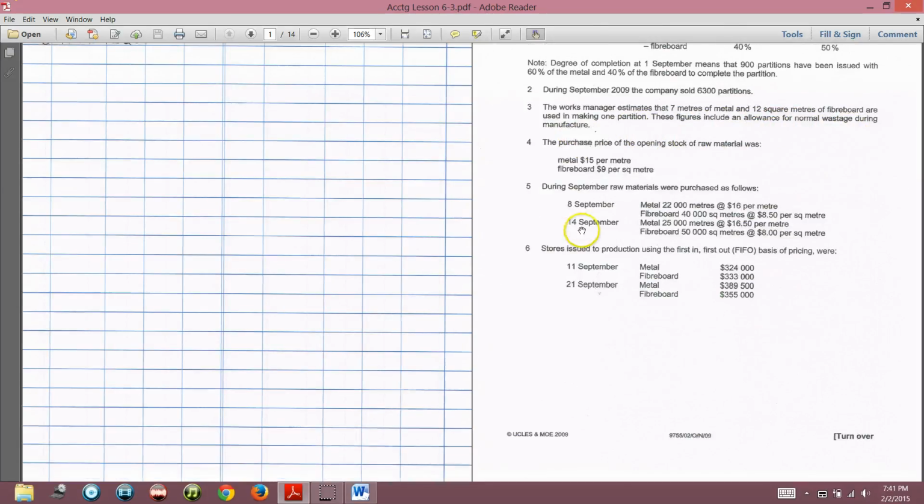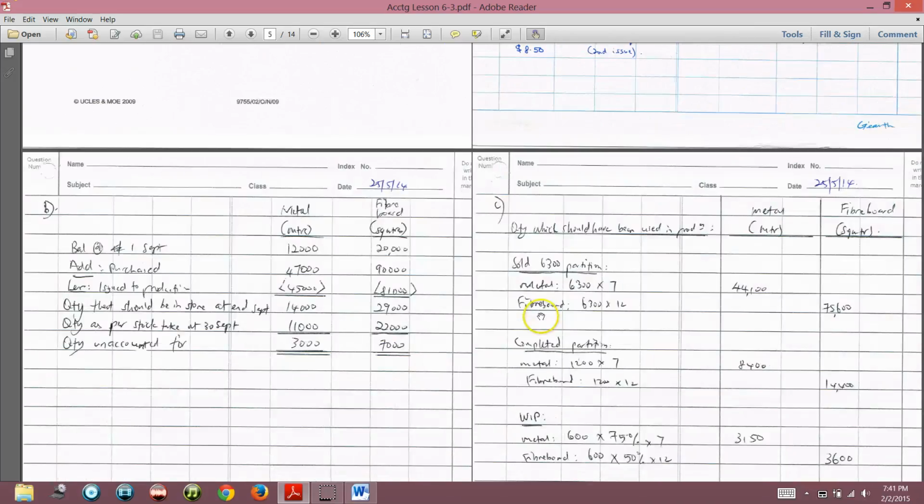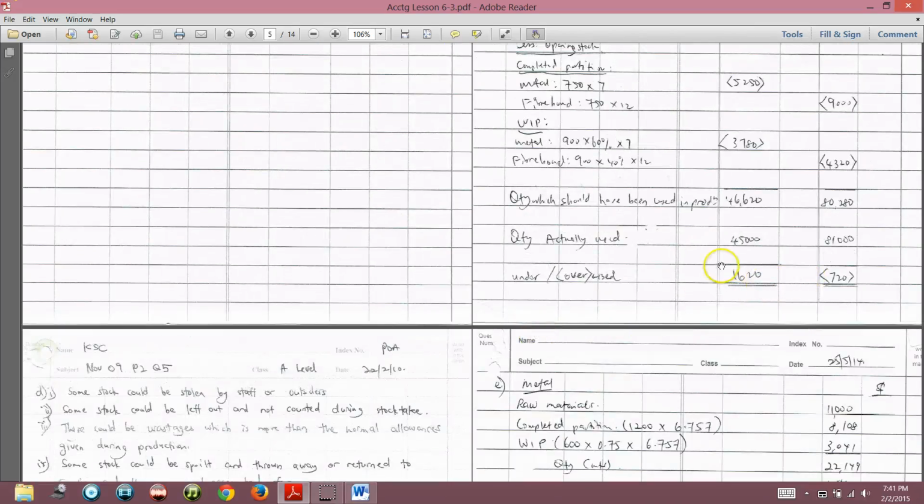So that means if the production manager underused, they have so-called saved on the wastages, because that 7 meter includes allowance for normal wastages. So if they have wasted less than the allowed wastages, they would have underused. Or maybe if they have used more than the allowed wastages, then they would have overused.